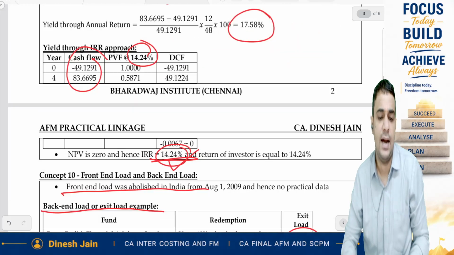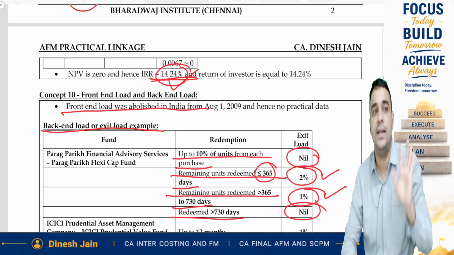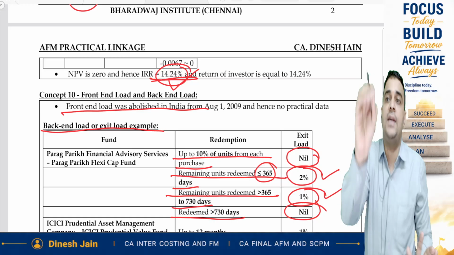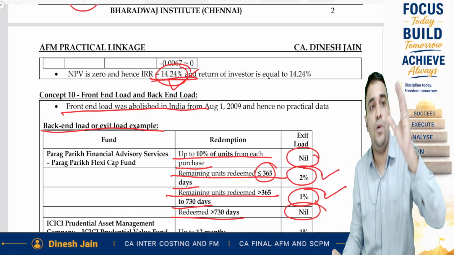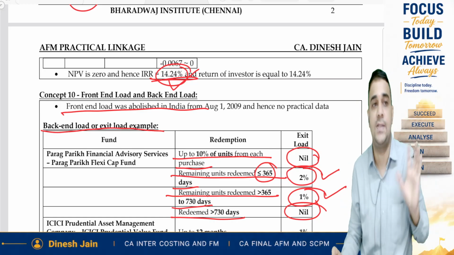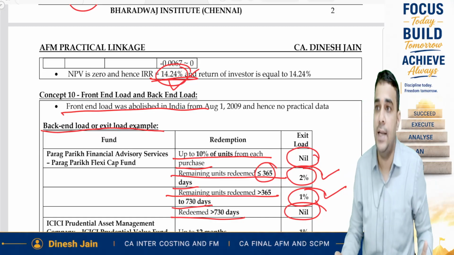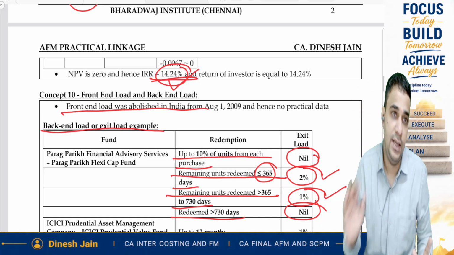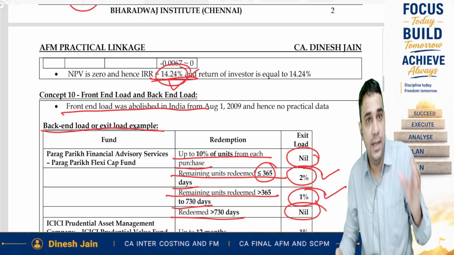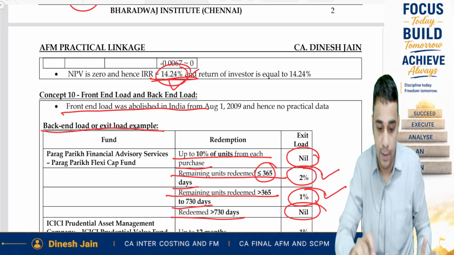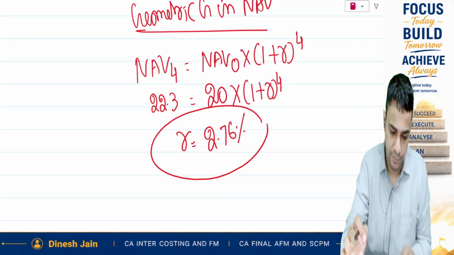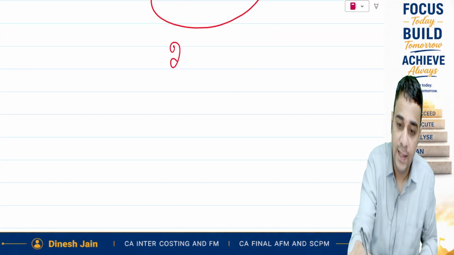Entry load, I can't give you any practical example because in India they have abolished it. Entry load is when you enter, you have to pay extra money. Exit load is when you exit, you go back with less money. Enter with higher money, exit with lower money. For example, NAV is 20.